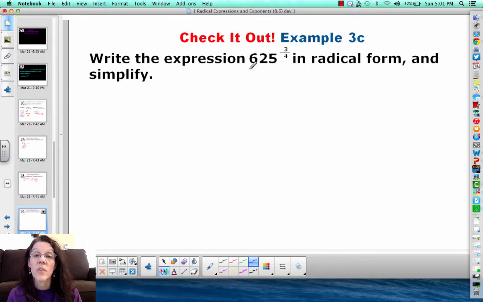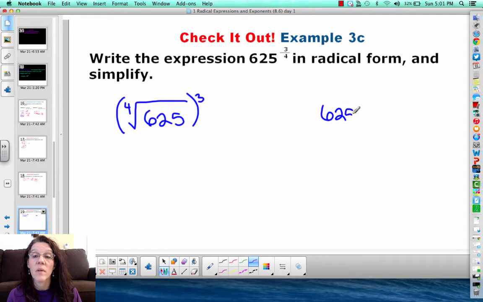Okay, so this is 625 to the 3/4 power. I can either write that as the 4th root, because whatever's on the bottom is my root, the 4th root of 625, and then I can cube that answer, or I can say that is 625 cubed and take the 4th root of that.